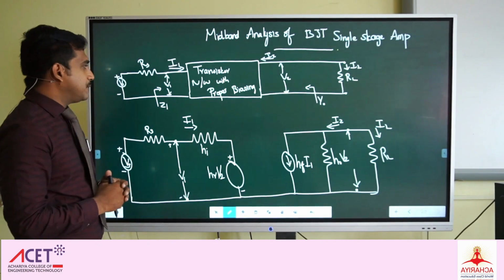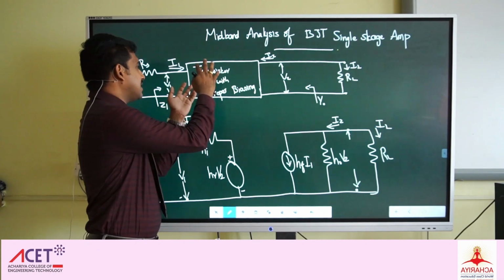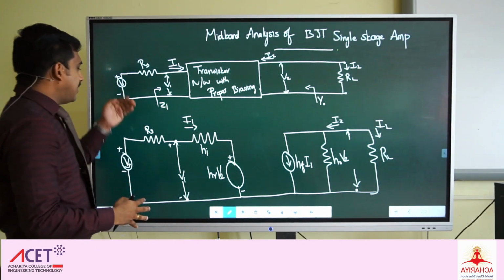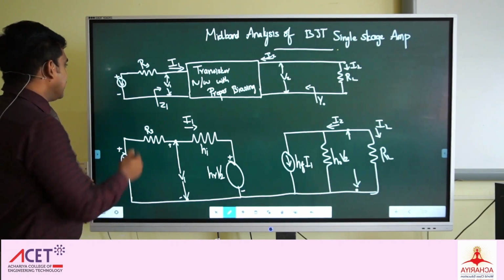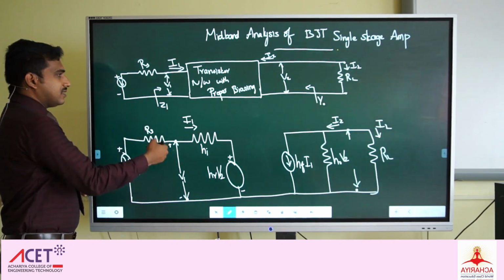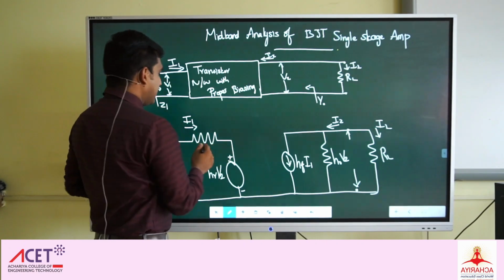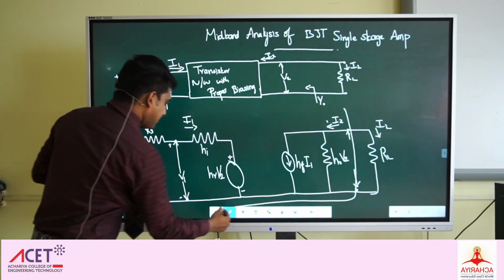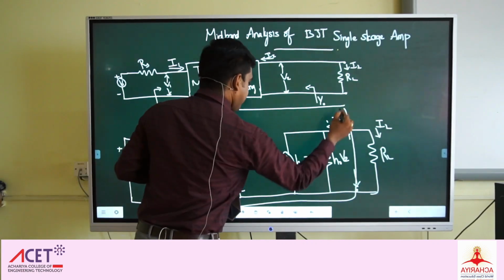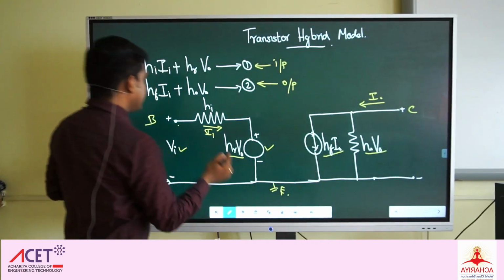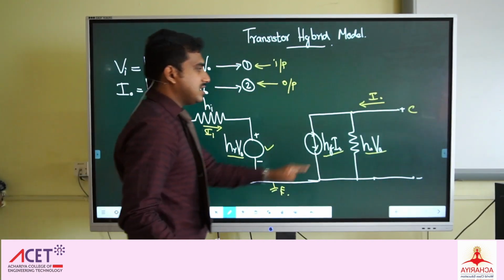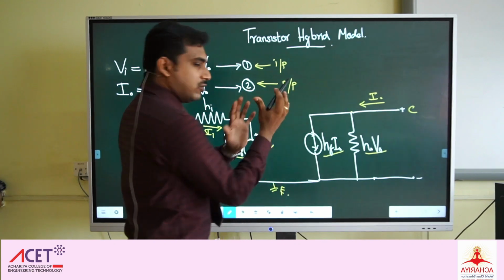The first step is just replacing this transistor network with its equivalent hybrid model. The remainder is the same: Vs, Rs. Instead of the transistor network, we are drawing the equivalent circuit. We have seen this in the previous section: this is the equivalent circuit of a transistor, with base terminal, emitter terminal, collector terminal. The same circuit was replaced there.